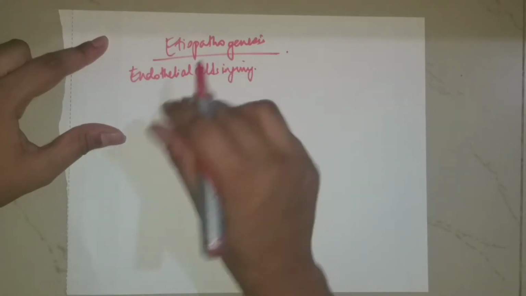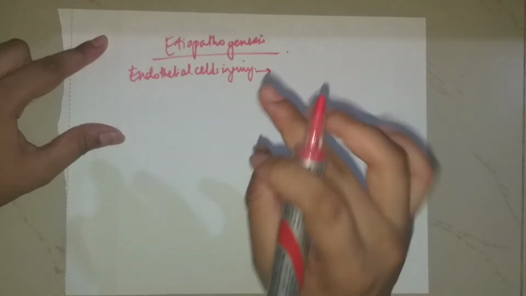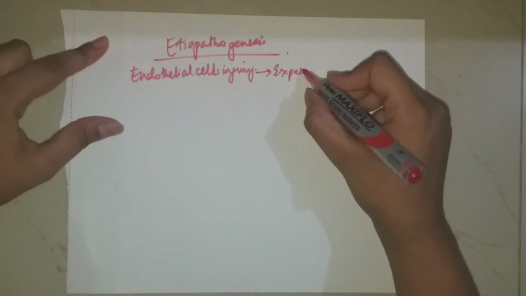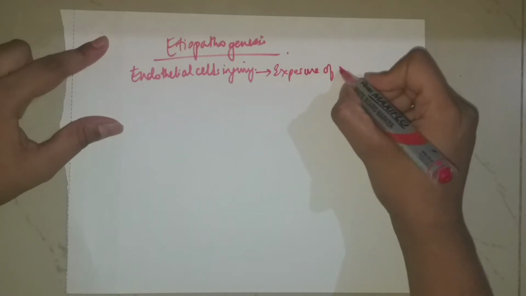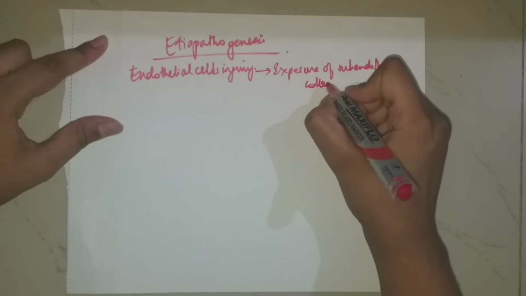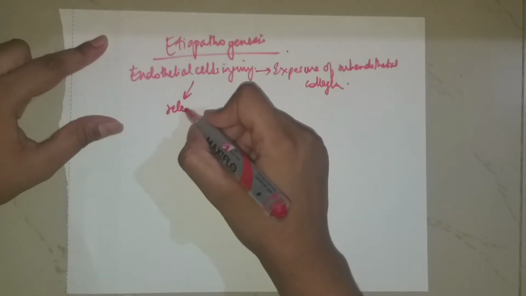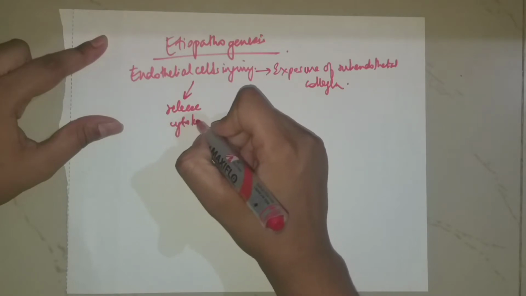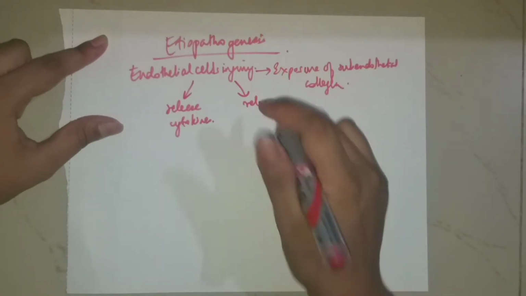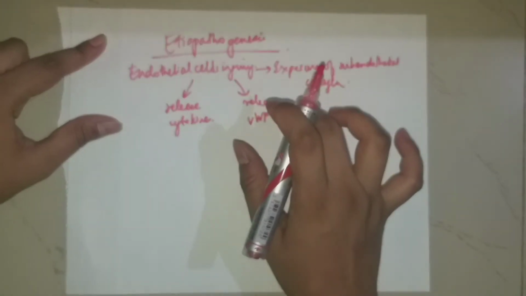So because of the endothelial cell injury, there are a few things which happen. There is exposure of subendothelial collagen. Also, because of this injury, there is release of cytokines, of course, and there is release of a factor called von Willebrand factor, which is involved in platelet aggregation.